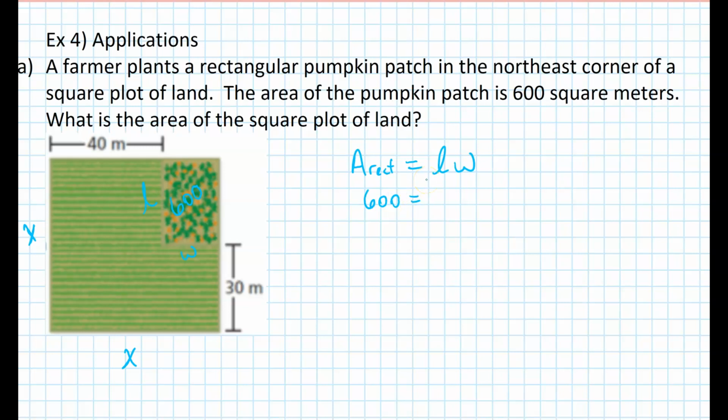I need a statement about the length. The length is x minus 30. We know the entire side is x meters, which means the leftover piece here has to be x minus 30. And the other side is x minus 40.